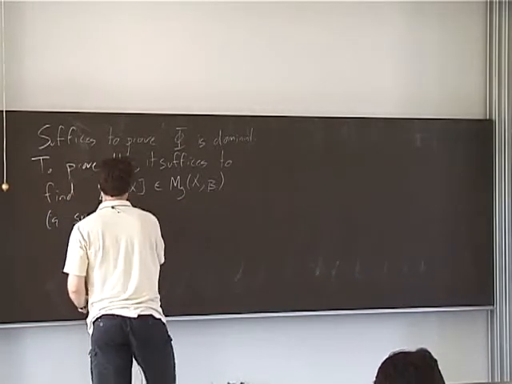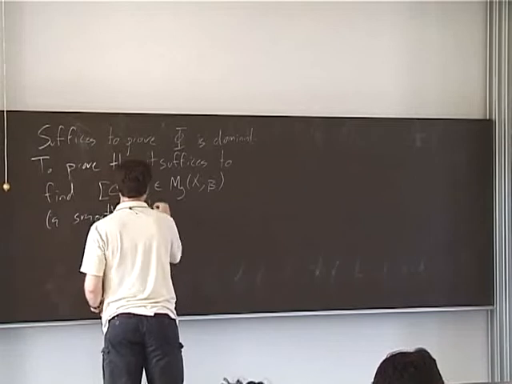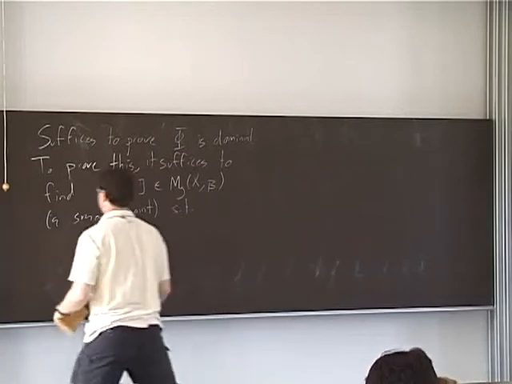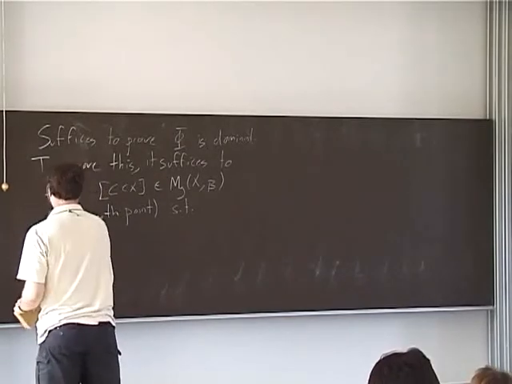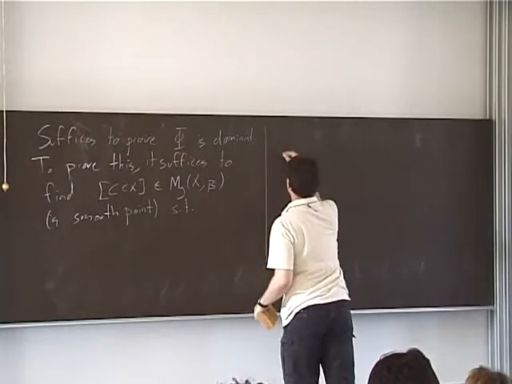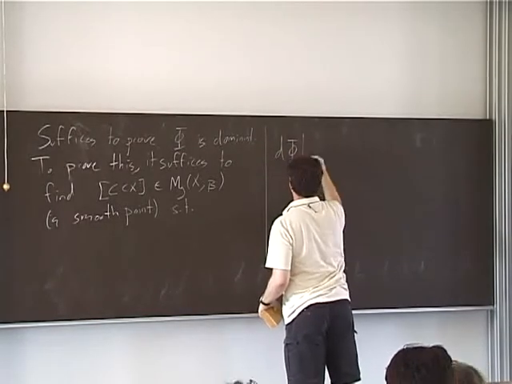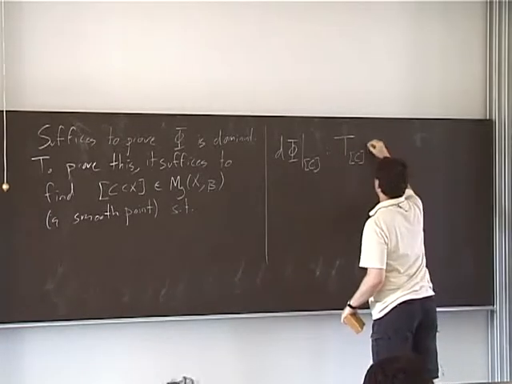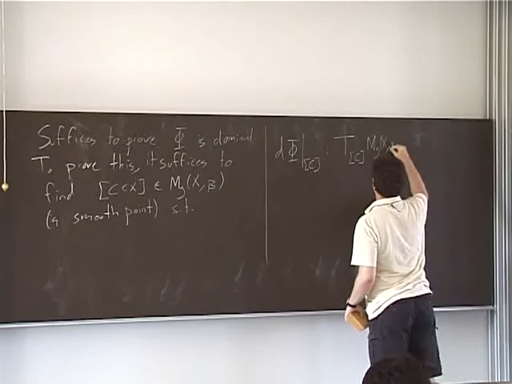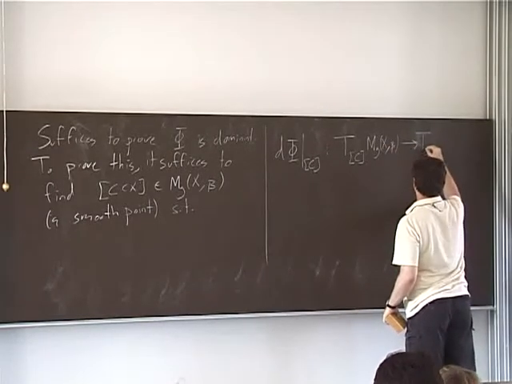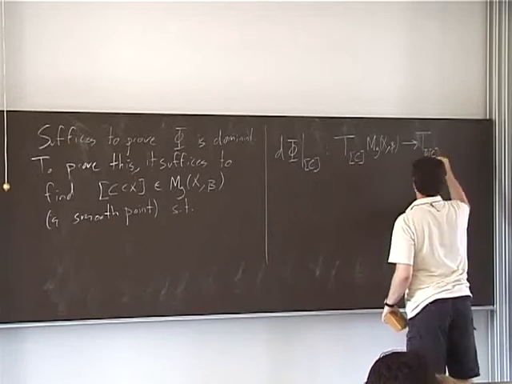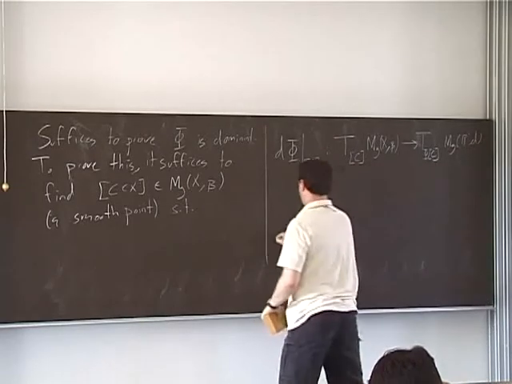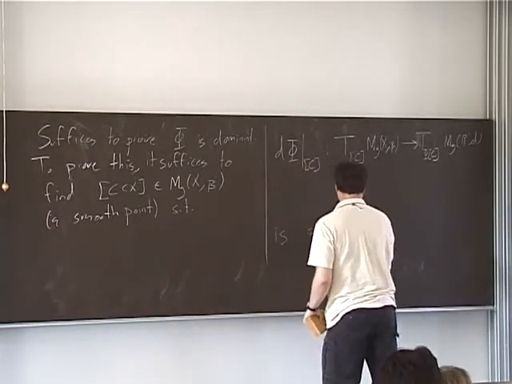So this variety will not be smooth, but a generic point of this variety is a smooth point, such that the derivative map at this point from the Zariski tangent space of M_g X beta to the Zariski tangent space of M_g P1 d is surjective. And let me leave some space here.